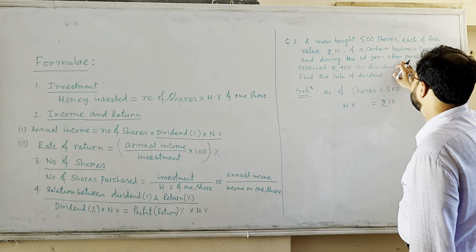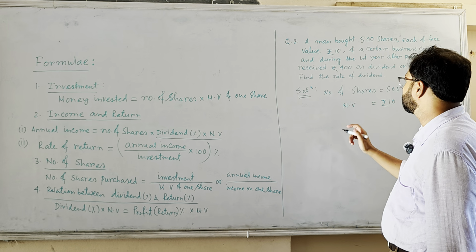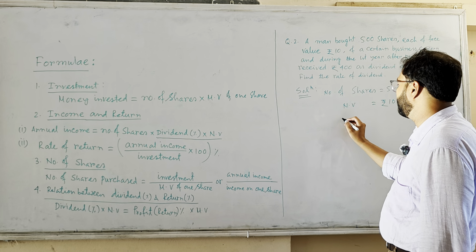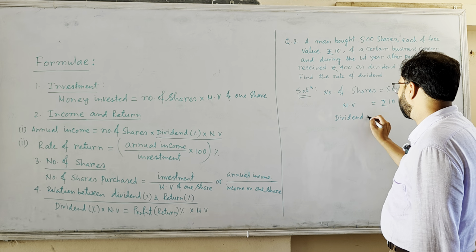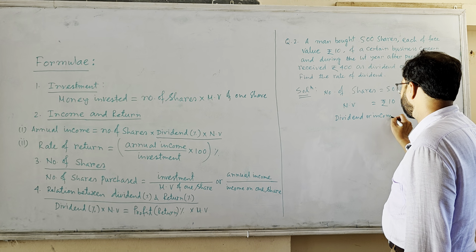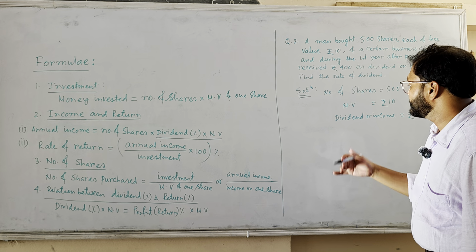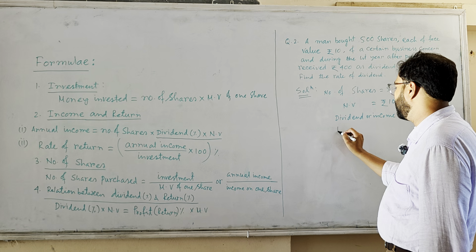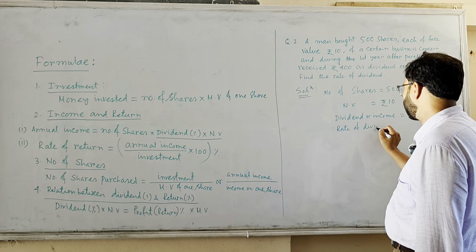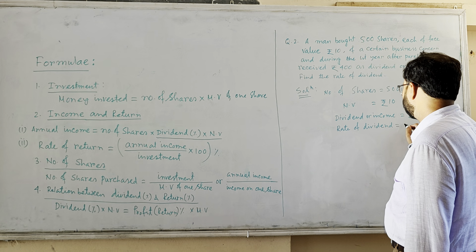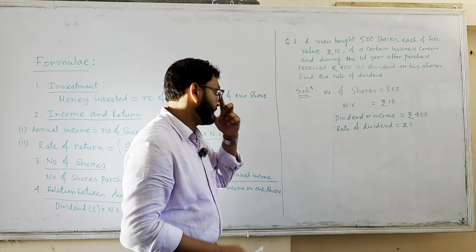After the first year after purchase, he received 400 as dividend on his shares. So that is the income. We have to find the rate of dividend, equal to x percentage.